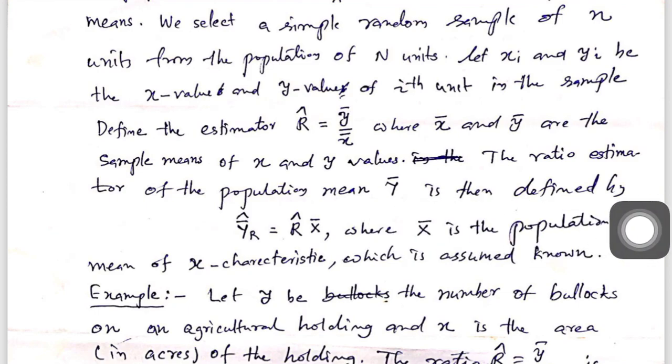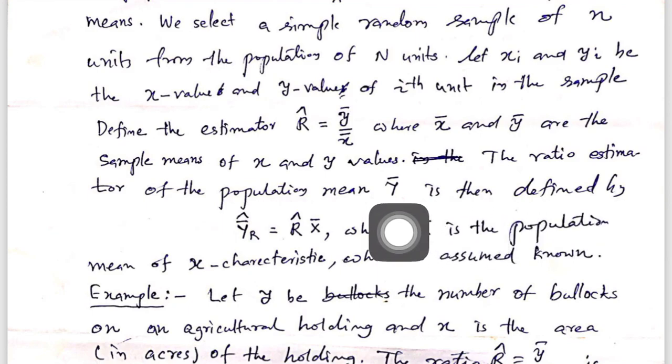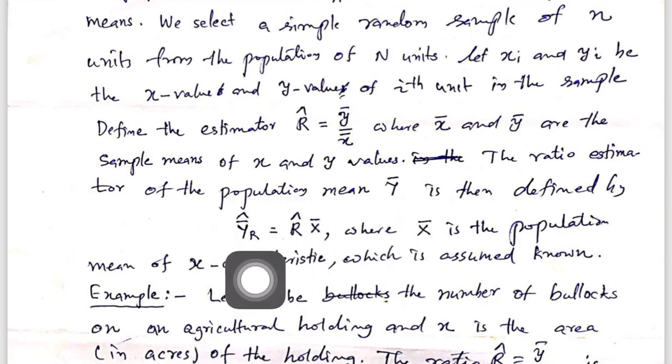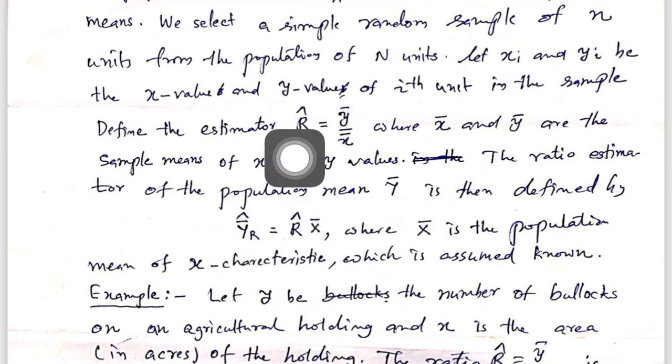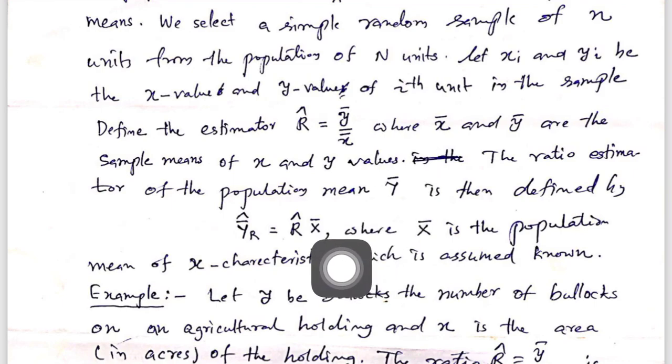Our ultimate aim is to estimate the population mean of the main variable y. For that purpose, you will define the estimator by y bar hat. This y bar hat is equal to r hat, which you have defined here, times the true mean of the x variable. True mean, not the sample mean.